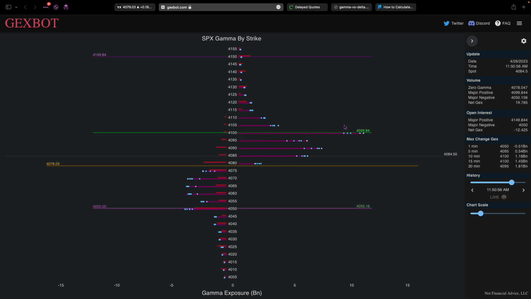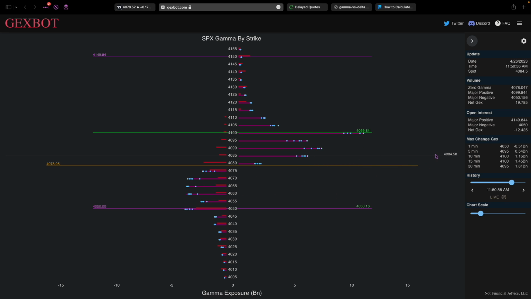So people are getting out of them, or even selling to open those, they're selling those options essentially. So you have to spend some time with the tool to start to see how these gamma exposure by volume nodes interact with price. And then you can start to build up an intuition for how that is.